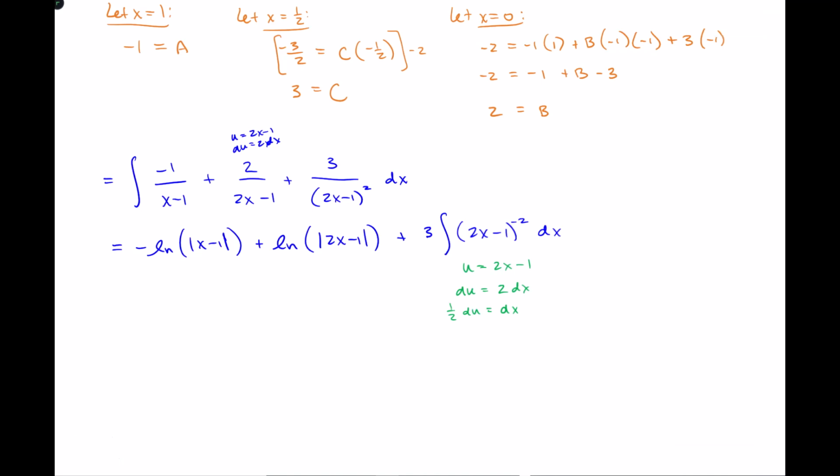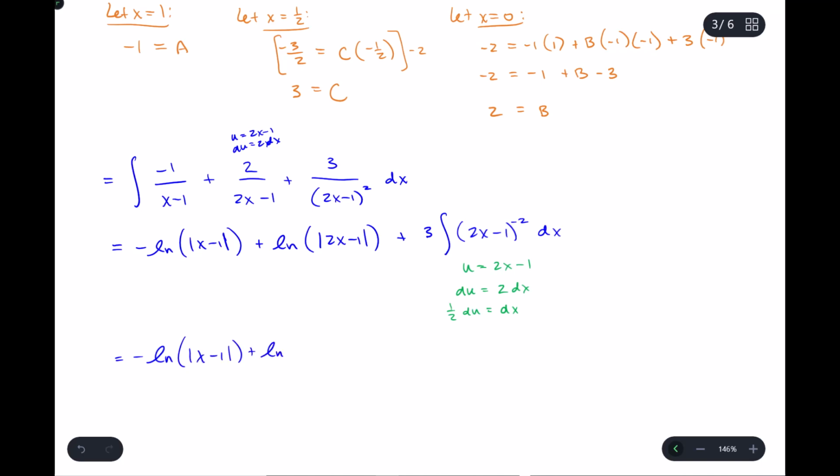All right, so this will become, I gotta write all this out. So plus 3/2 times the integral of u to the -2nd du.